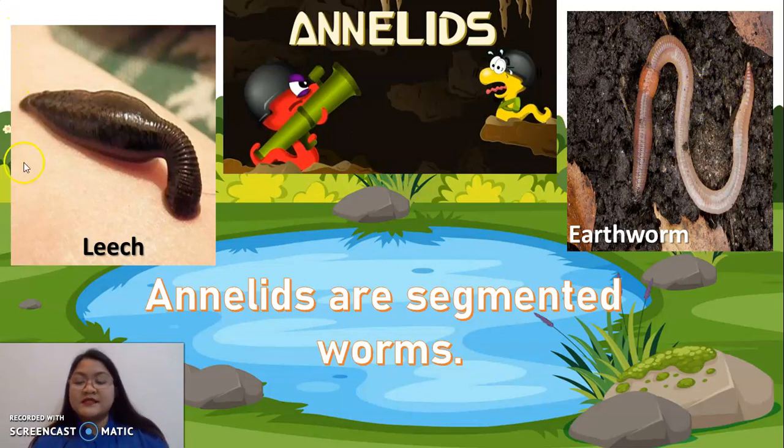As you can see in our example, we have leech and earthworm. So usually we can see annelids in fresh waters like lakes or ponds. So again, annelids are segmented worms, leech and earthworm.